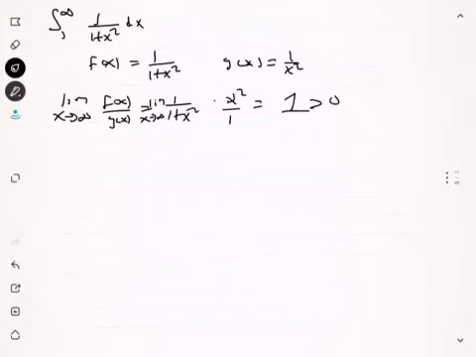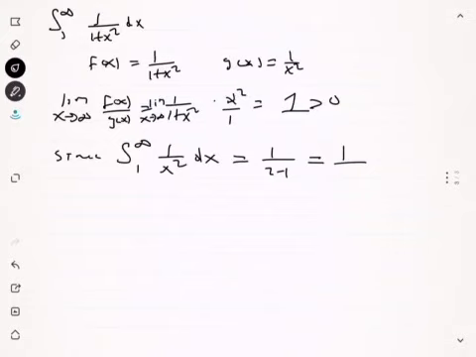So because it's bigger than 0, the limit comparison test says that since the integral from 1 to infinity of 1 over x squared converges, and it actually converges to 1 because this is a p integral, where if p is bigger than 1, in this case p equals 2, then this is 1 divided by p minus 1, so 2 minus 1, 1 divided by 1, which is 1.